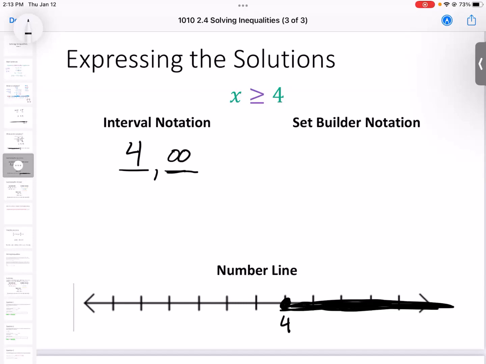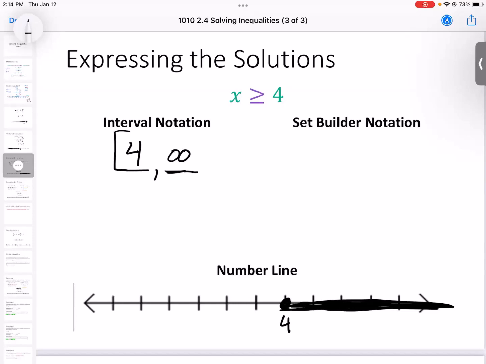And then we're going to put brackets or parentheses around these numbers, depending on whether or not these numbers themselves can be solutions. So the number 4, if I plug that in, that is a solution to the inequality. So I'm going to put a square bracket around it. If it had just been greater than, then you would do a round bracket.